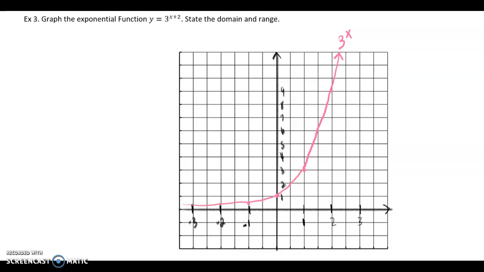I went ahead and graphed that from example number 1, and what we need to graph is 3 to the x plus 2. So the x plus 2, that's inside the function, and so we're going to shift that 2 to the left. So 2 units left. So each one of these points, I'll move them 2 units left.